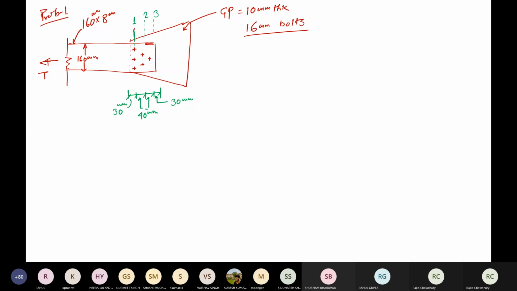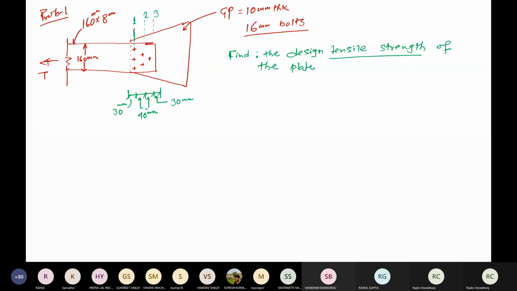Determine, find the design tensile strength of the plate.